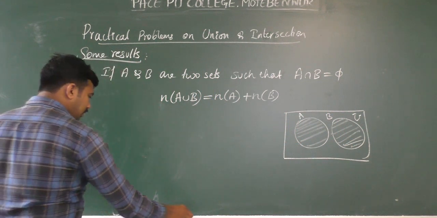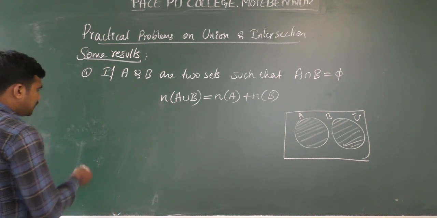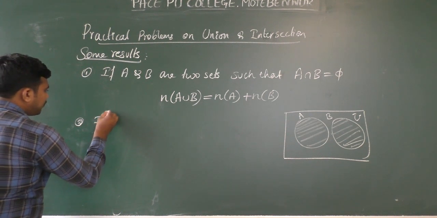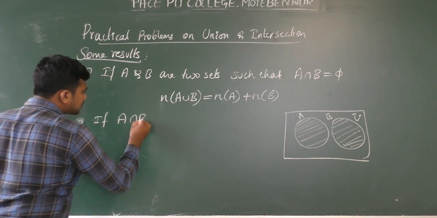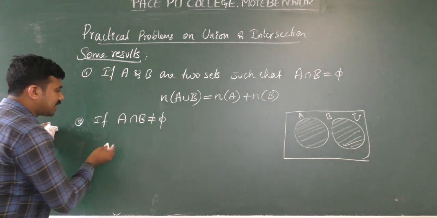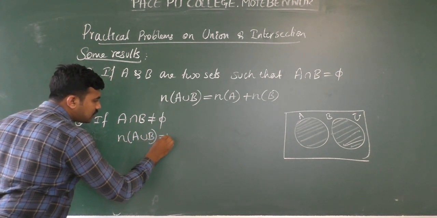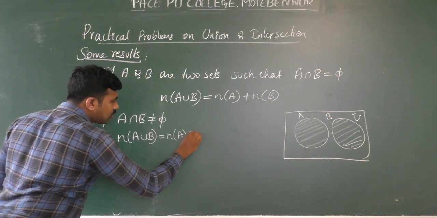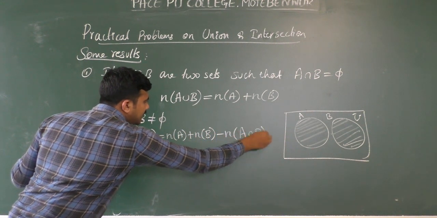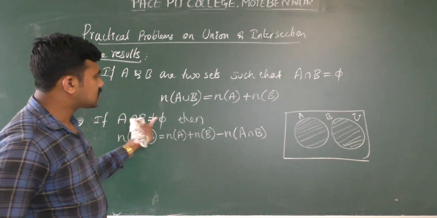Now, the second property. If A intersection B is non-empty, then n of A union B is equal to n of A plus n of B minus n of A intersection B, when A intersection B is non-empty.